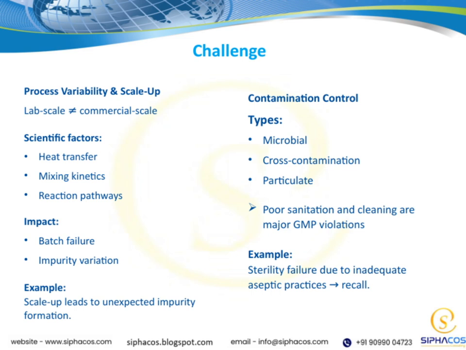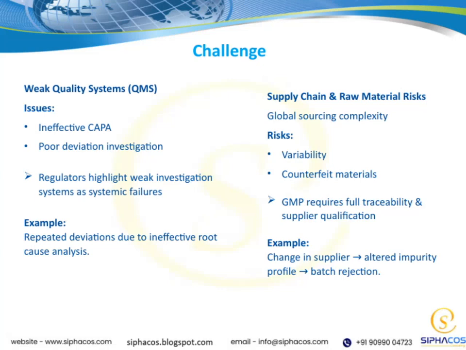Now, let's take a closer look at supply chain and raw material risks. Global sourcing can be quite complex, and with that complexity comes certain risks. For example, variability in raw materials can impact product quality, and the risk of counterfeit materials entering the supply chain is a real concern.